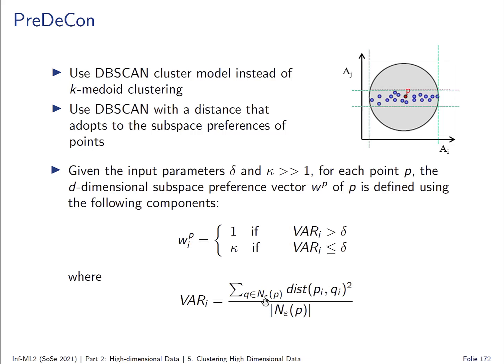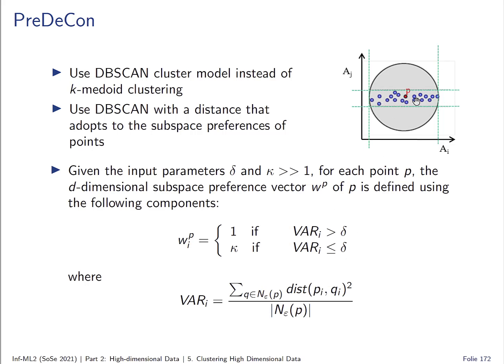Epsilon is the classical DBSCAN parameter. So we look in the epsilon neighborhood of the point in the entire feature space, which means the d-dimensional sphere around P with radius epsilon, and we look at all the points in this sphere and see if they form a specific subspace preference.